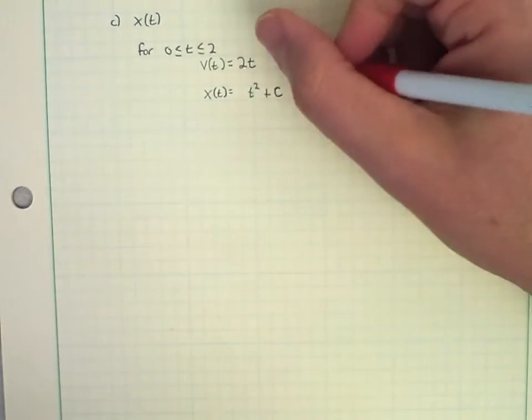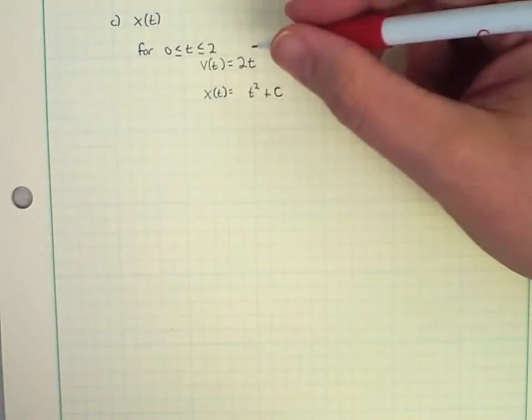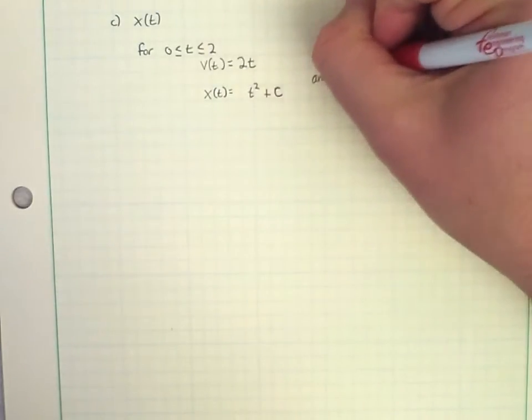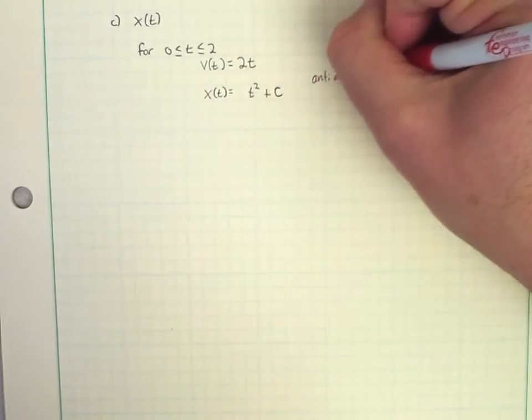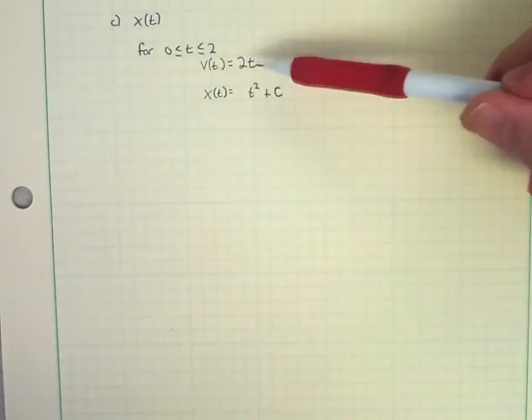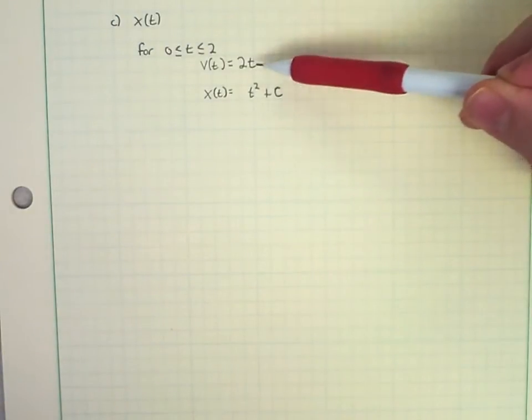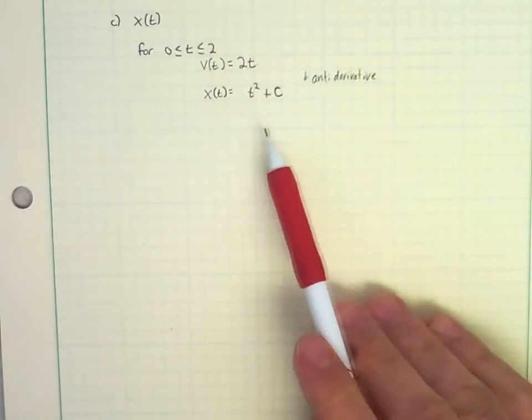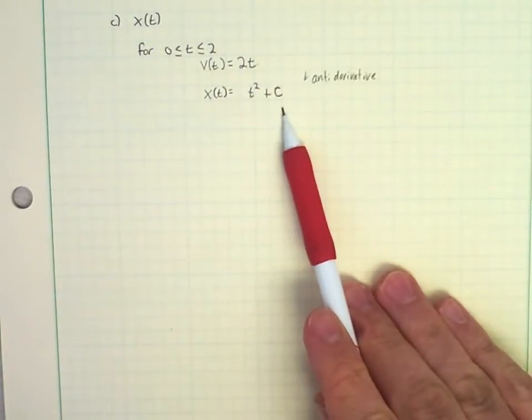So really what we're talking about doing here, and we didn't say it, and we really did this with the last part too, is we're taking an antiderivative, which is simply going the opposite direction with the derivative. Instead of starting with this and taking a derivative, we're going to do the antiderivative. And again, we have to figure out what that constant value is, so we need some sort of condition to meet.